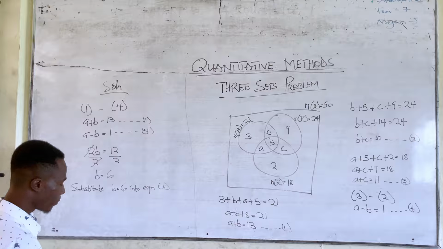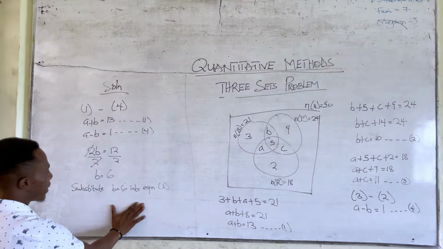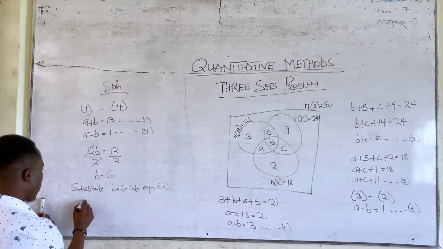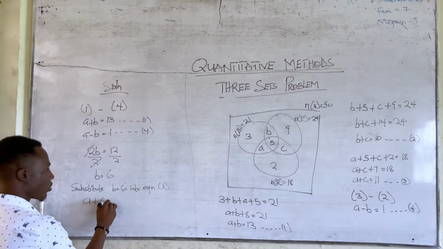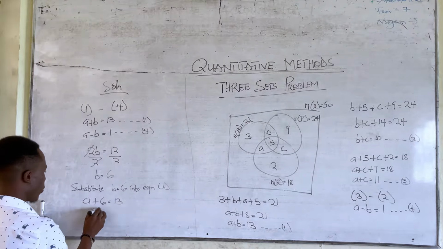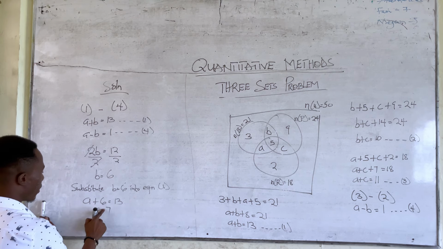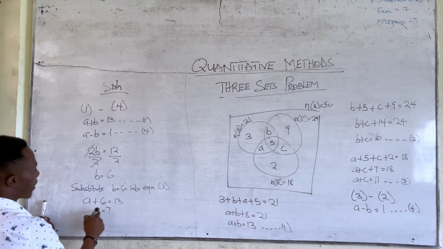After saying this, you put B here. So you have A plus 6 equal to 13. Right, so you have A equal to 13 minus 6, which is 7. And so your A is equal to 7.